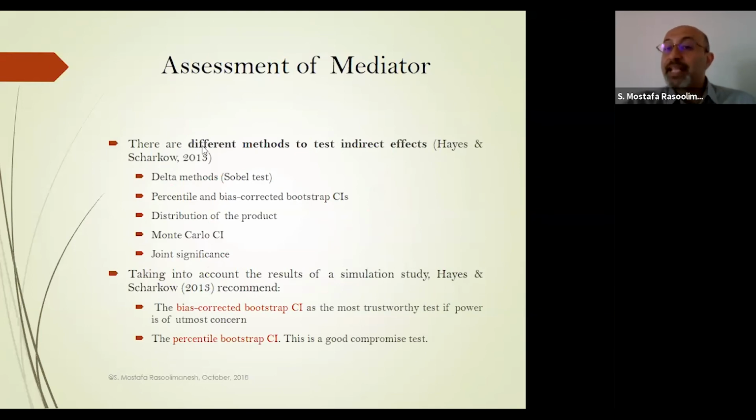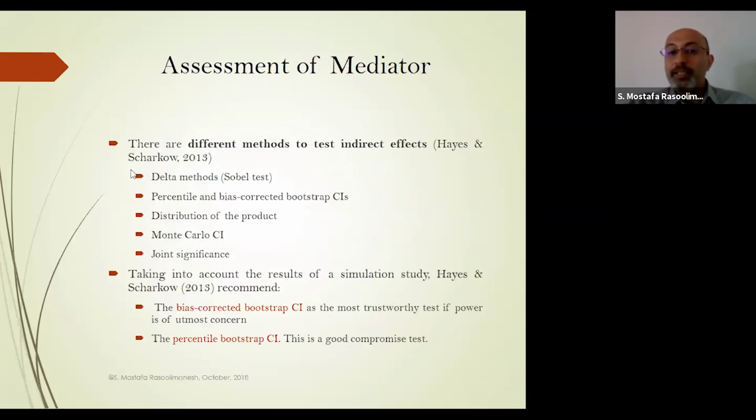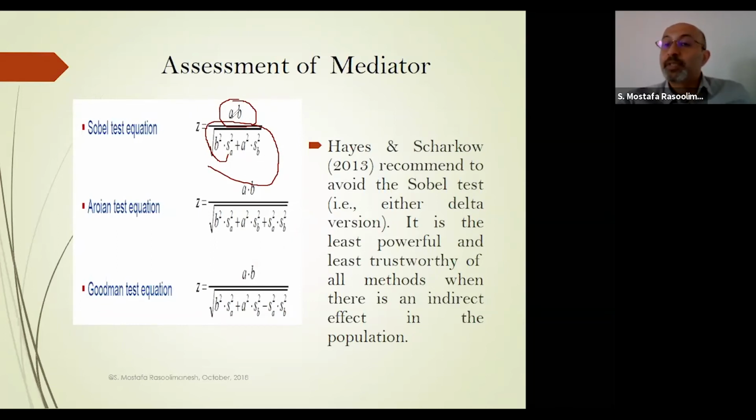One of the famous tests still under this group is the Sobel test. In the Sobel test, we assess the significance of AB. Here we have a standard error of this term, so we calculate a T value for this term, AB, product of coefficient, and based on this we can assess the significance of AB.